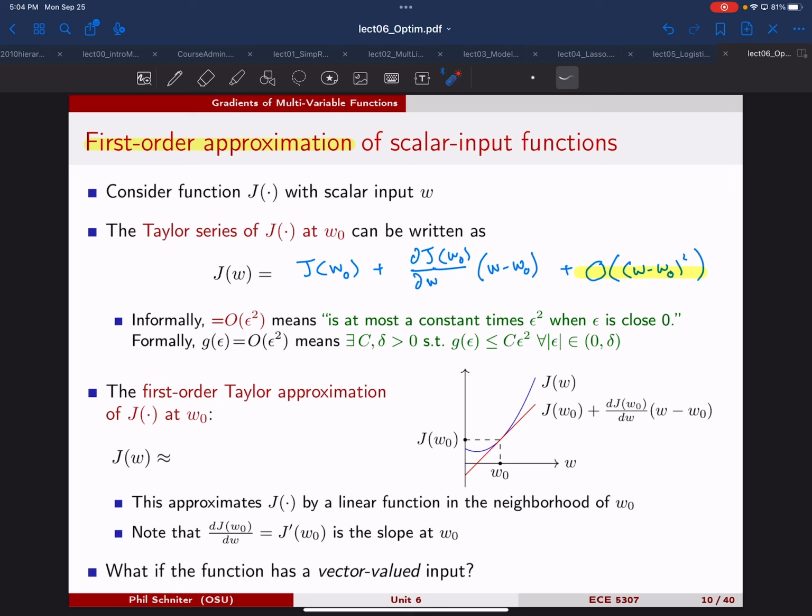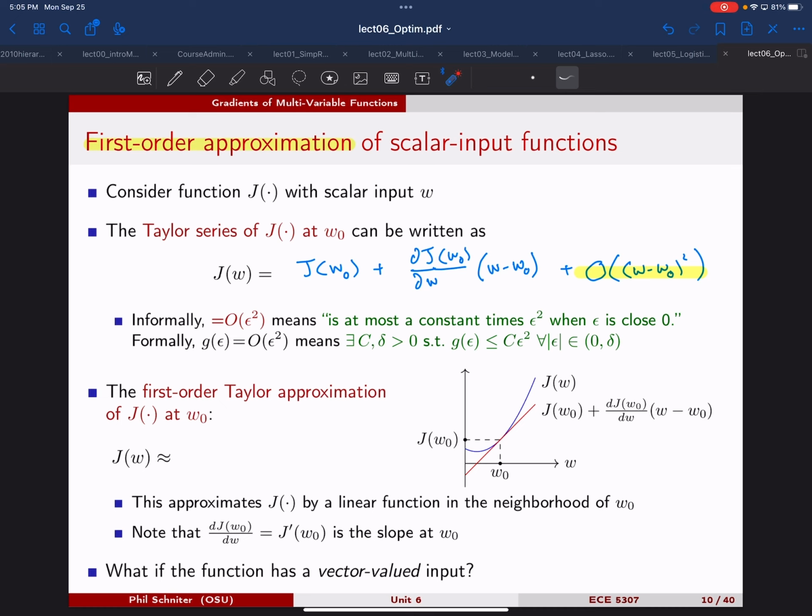If I have a small number, like a number less than 1, the higher the power I take it to, the smaller and smaller that gets. So cubic is going to be much smaller than quadratic. Quadratic is the bigger thing. Cubic would be smaller. So I'm saying this is at most quadratic. There's a linear term here and a constant term, but the quadratic term subsumes all the higher order terms. Quadratic is the largest. It's larger than all that's cubic, quartic, and all that stuff. Okay, so that's this big O thing.